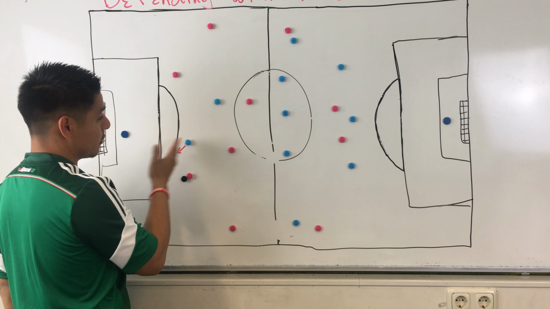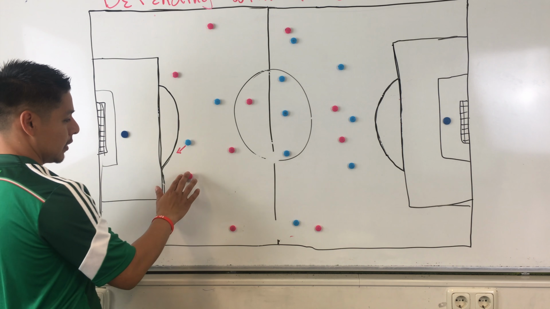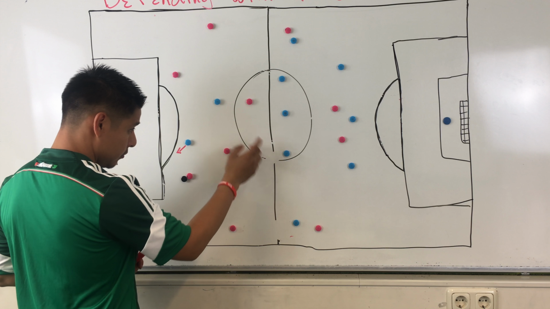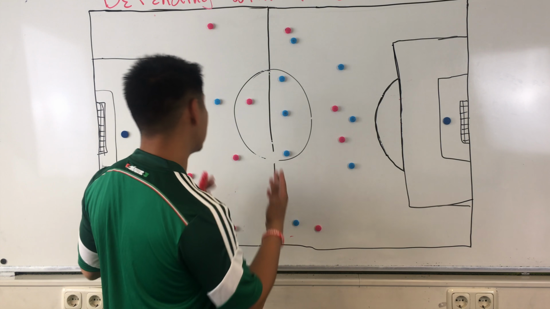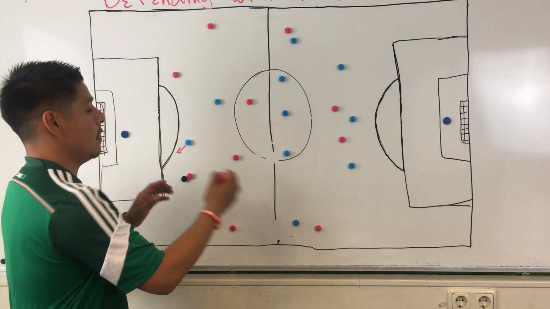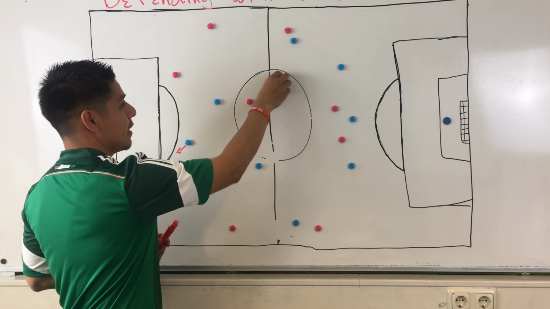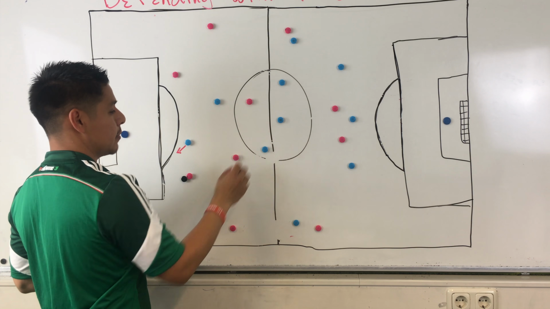But again, we shut down this passing lane, and depending on how high we want to defend, if we want to do an offensive midfield press, then we will have the whole team push up. That is a possibility.